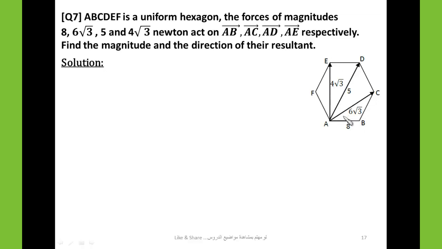The component in the direction of AB is 6 root 3 cosine 30, and the component on the direction of AE equals 6 root 3 sine 30. It is the same angle.